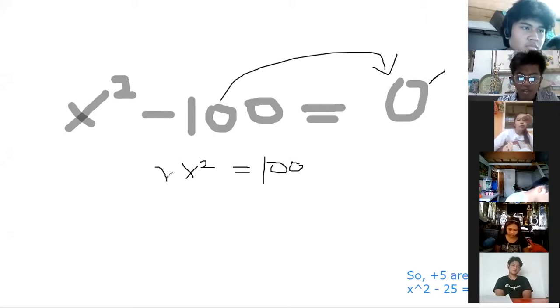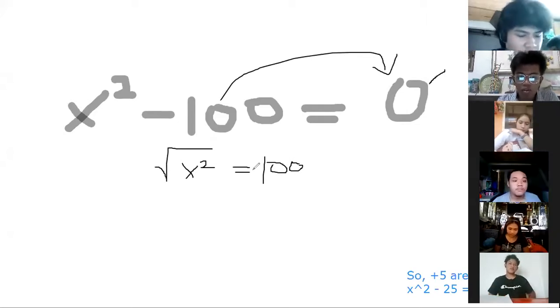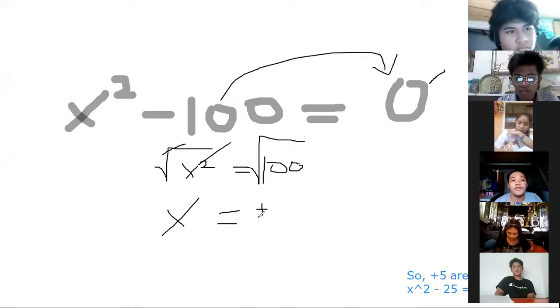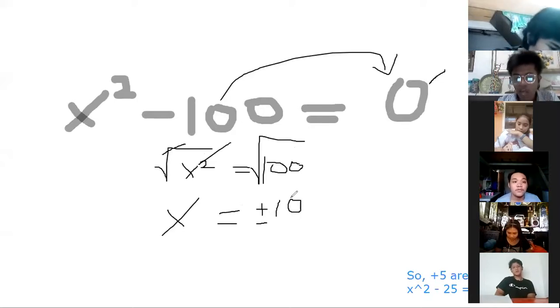After nun, we need to square root both sides of our equation. Cancel out this one, cancel out this one. So x is equal to, what is the square root of 100? That is positive, negative 10. Very good. So everyone got the correct answer.